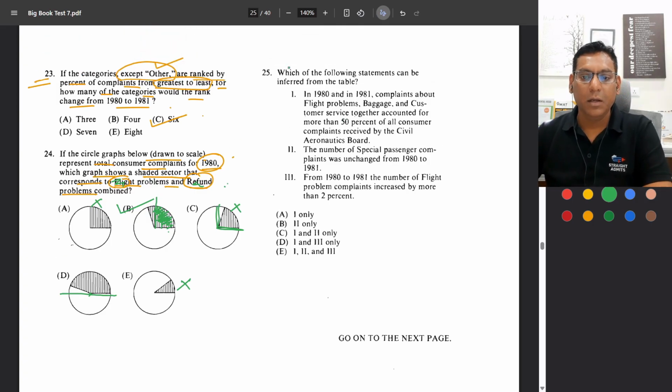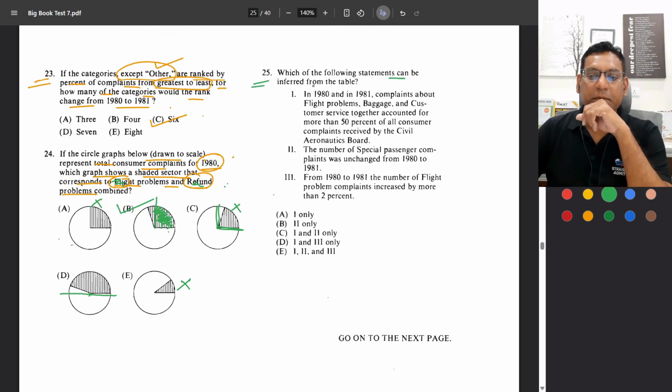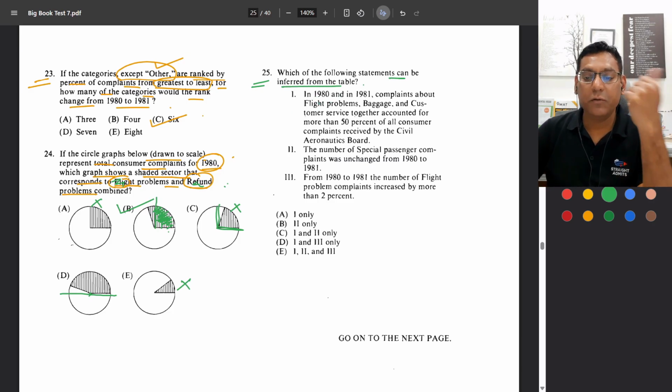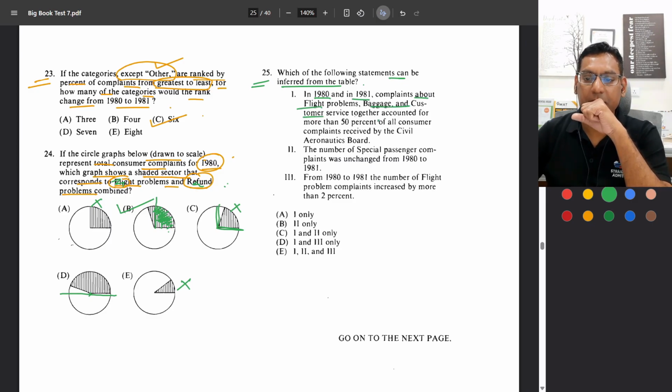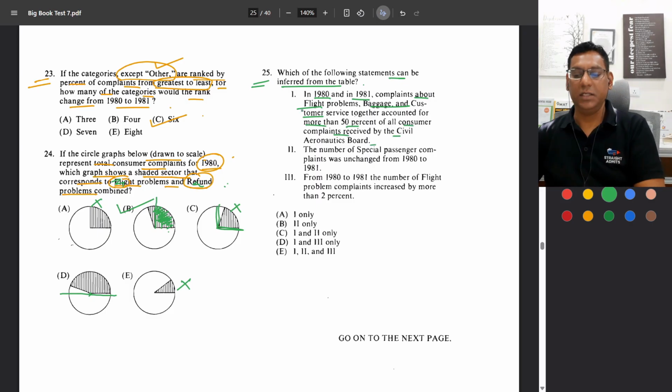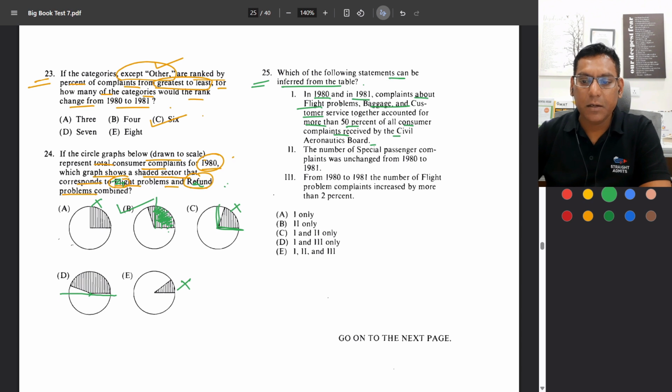Question 25. Which of the following statements can be inferred from the table? I have to say true or false here. In 1980 to 81, complaints about flight problems, baggage, and customer service together accounted for more than 50% of consumer complaints received. So what is it saying? Flight plus baggage plus customer service has to be more than 50% for both.